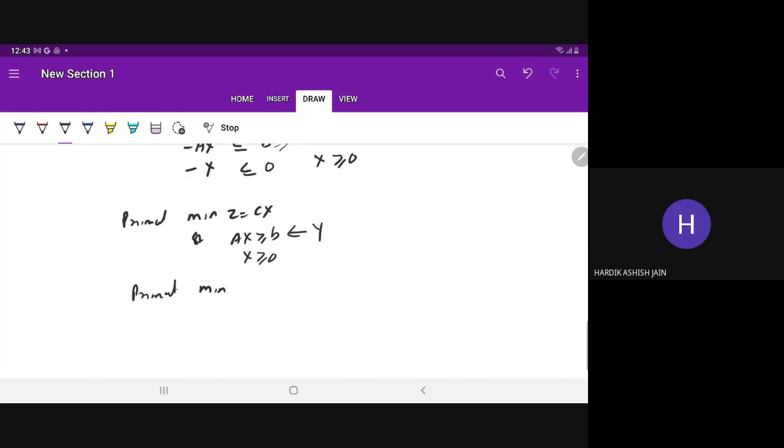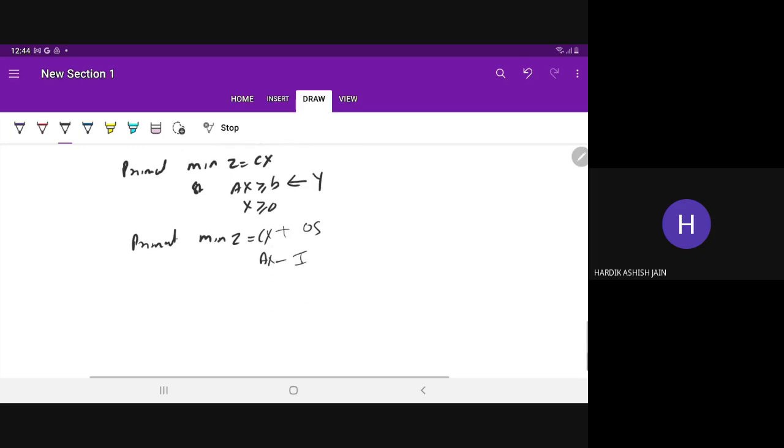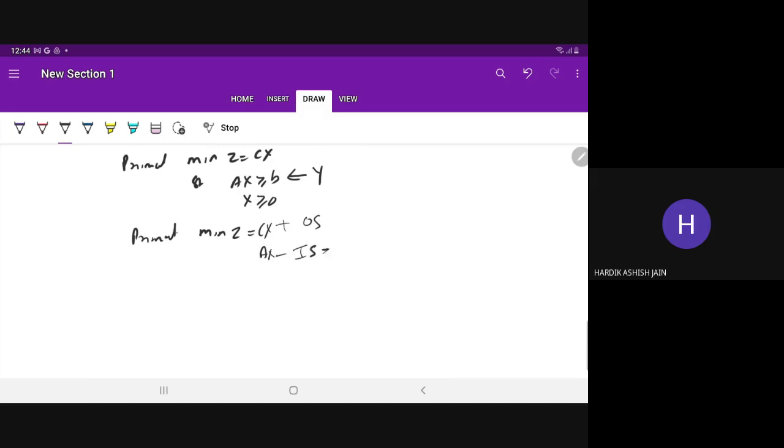So minimize Z = Cx + 0S, and Ax minus IS = b, and here x and s both are greater than or equal to 0. Now you associate a dual variable with each.